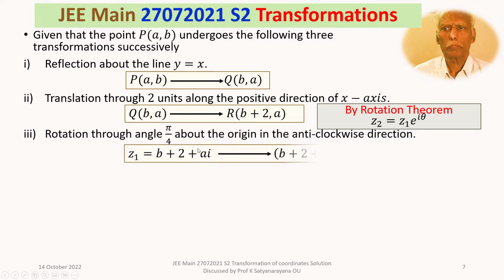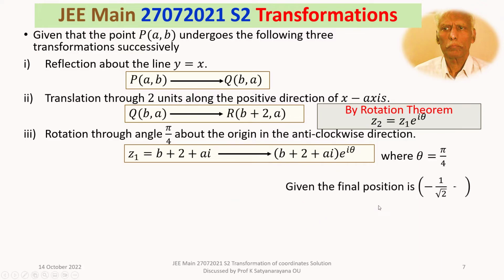So what we do is, Z1, the given point, is b + 2 + ai in complex notation, and that will be transformed to Z2, that is (b + 2 + ai) multiplied by e to the power of i theta, where theta is equal to pi by 4, using the rotation theorem. It is given that the final position is the ordered pair (-1 by root 2, 7 by root 2).